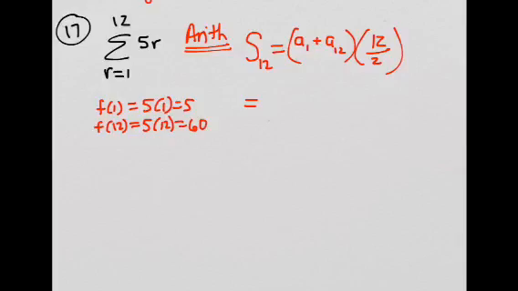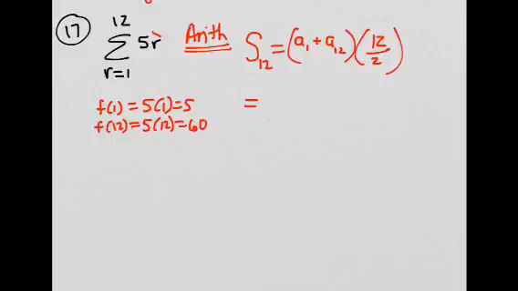So for number 17, you're going from 1 to 12, and again, it doesn't always have to be n equals 1. So in this worksheet, you're going to see a variety of variables, but it still means the same thing. Here's your explicit formula right here. Now I know it's arithmetic because it's 5 times r, and so it has the same form as a linear function, which is arithmetic.